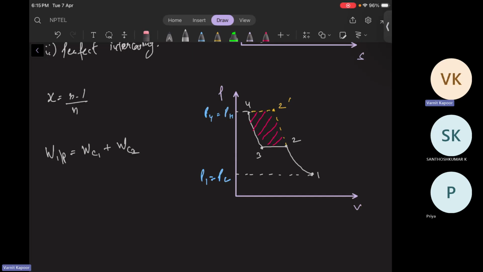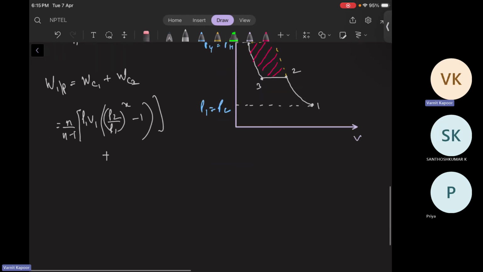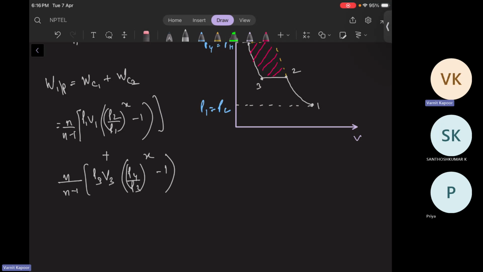So it is n by n minus 1 times P1 V1 into the pressure ratio P2 by P1 power x minus 1. This is work done by compressor 1, and work done by compressor 2 will be n by n minus 1 P3 V3 into P4 by P3 power x minus 1. This is your net work input to the compressor.